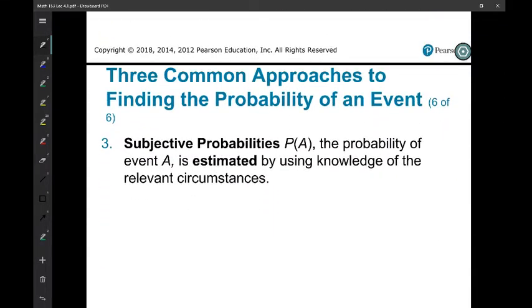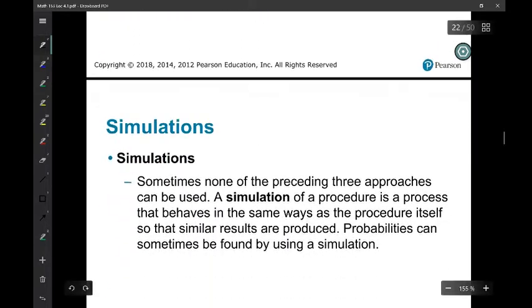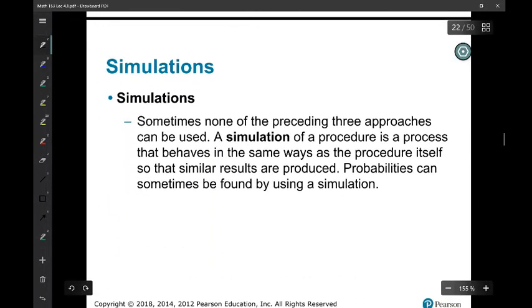And subjective probabilities are estimated by using knowledge of the relevant circumstances and common sense. And simulation can be used to get an idea of the probability of a certain event occurring. And this is becoming more common nowadays as computing power is increasing.